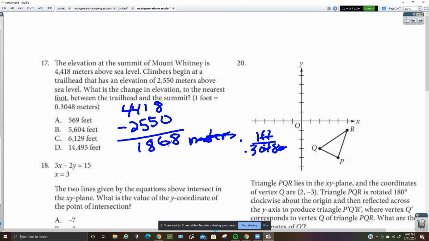So I'm not going to divide this out, but I just know that this is about 3/10.